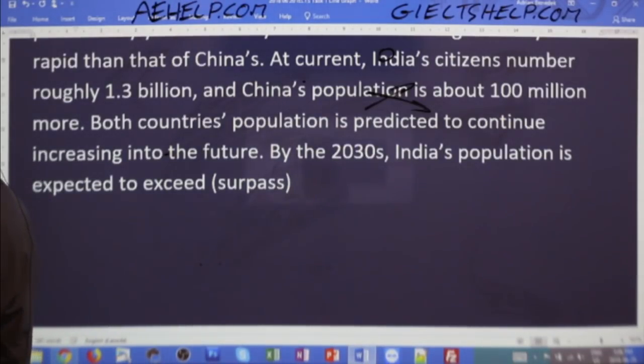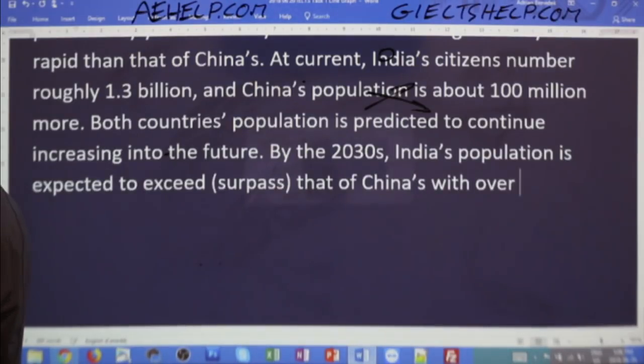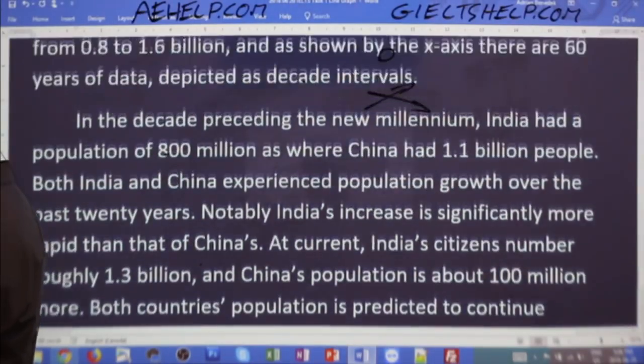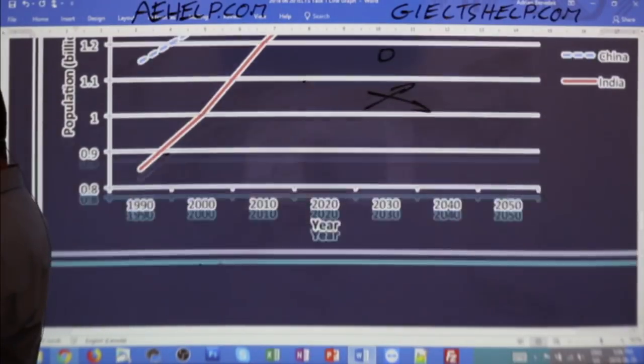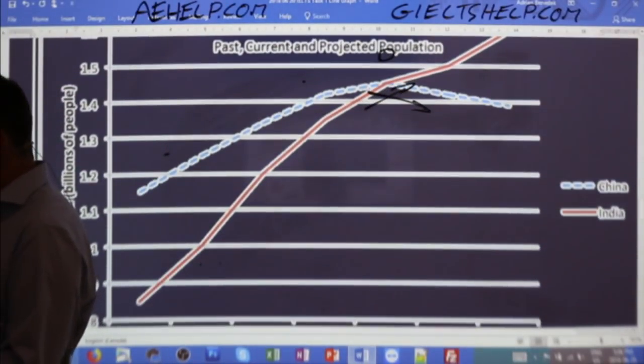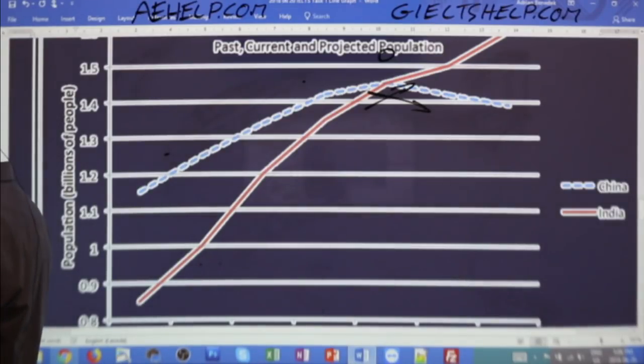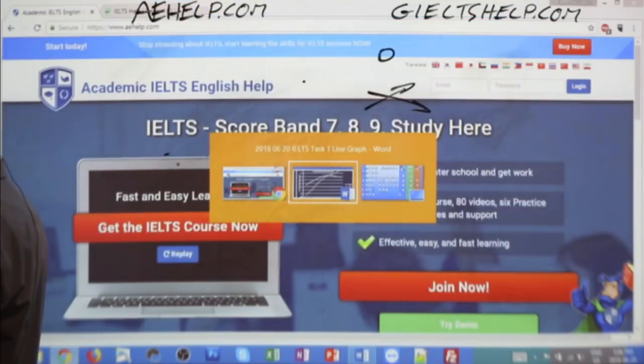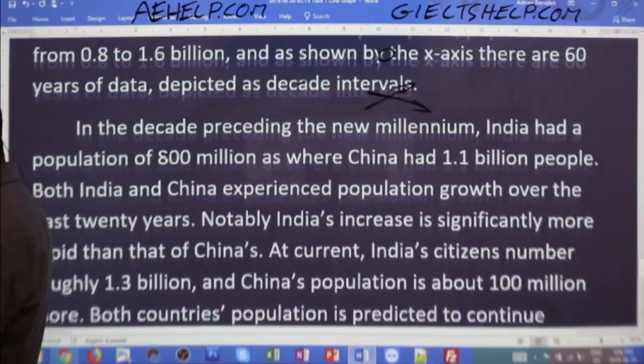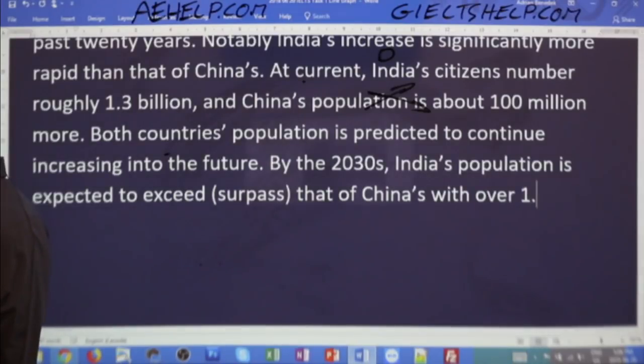So by the 2030s, India's population is expected to exceed that of China's with over 1.45 billion people. All right.